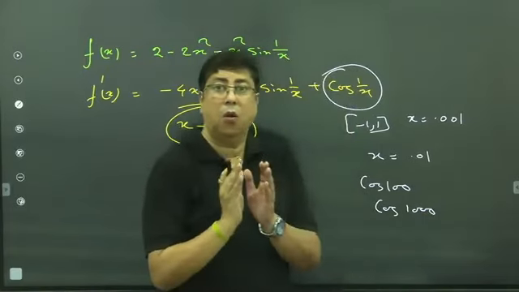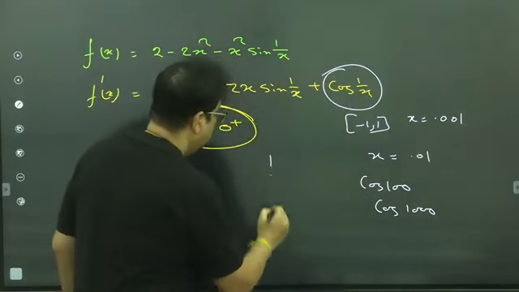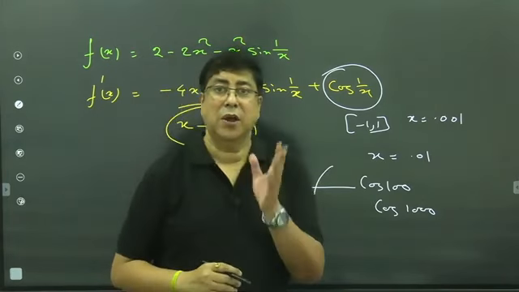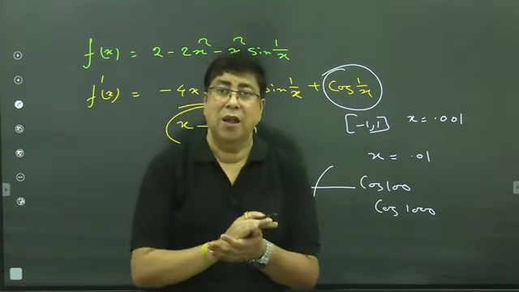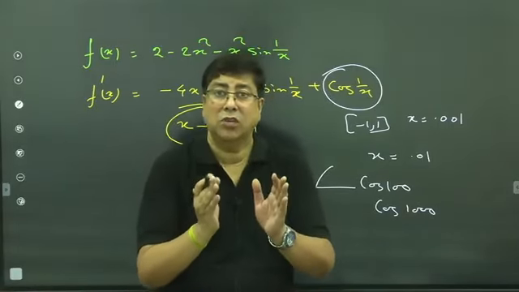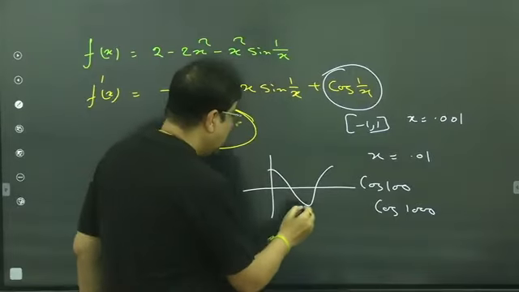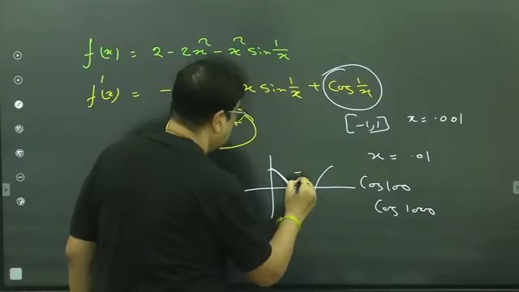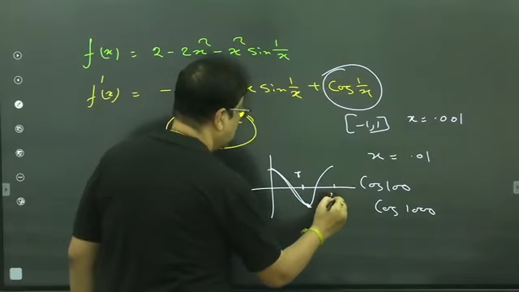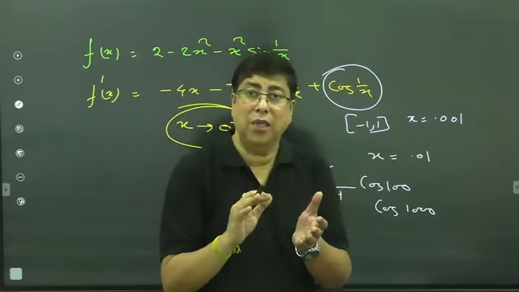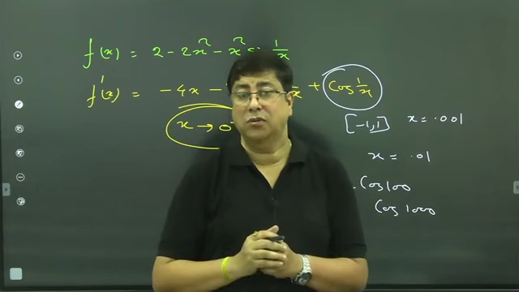So cos is a periodic function, between 0 to 2 pi, and 2 pi means 6 point something. Between 100 and 1000, how many periods will there be, how many fluctuations of the cos? Because we know that here the function is decreasing: from 0 to pi cos is decreasing, and from pi to 2 pi cos is increasing. So how many 0 to pi, pi to 2 pi? I am showing you the curve of cos 1 by x.